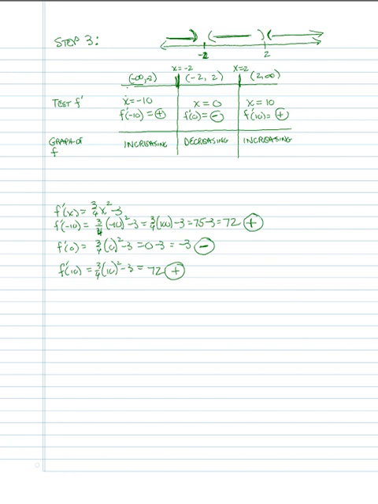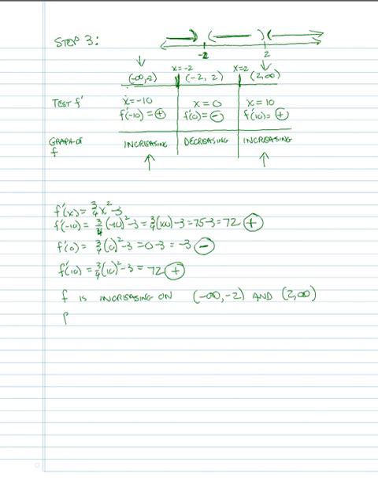So now we've concluded that f is increasing on two different intervals. It's increasing here, and it's increasing here. That is, it's increasing on the interval from negative infinity to negative 2, and from 2 to infinity.